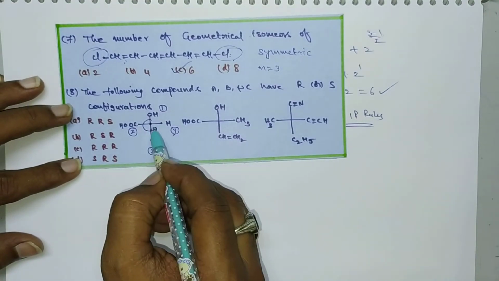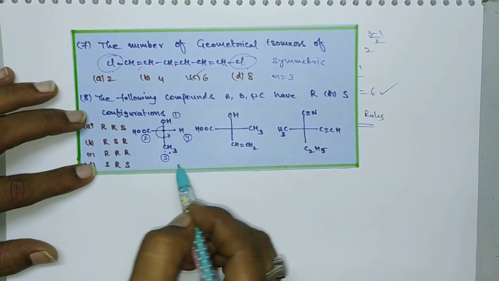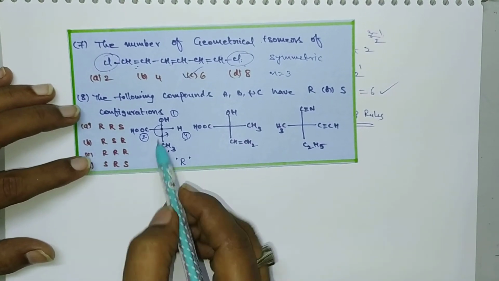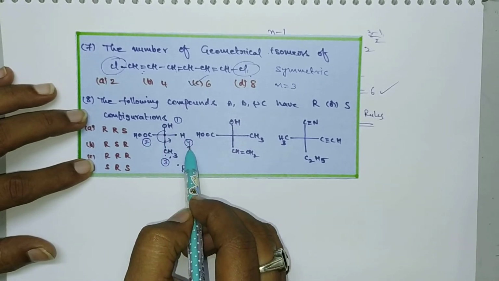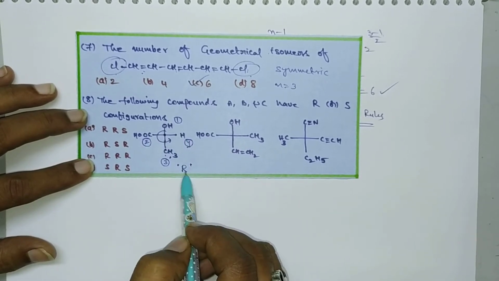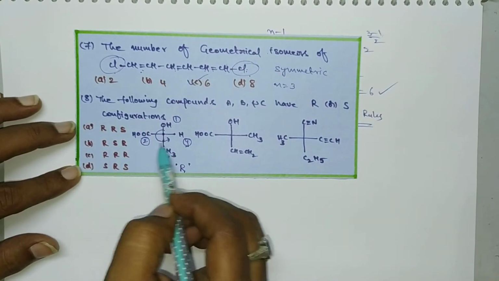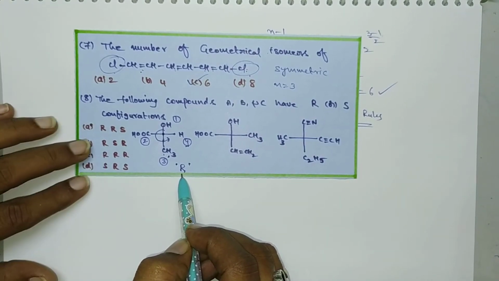So here the order of priority is in anti-clockwise direction, so it should be S, but it is R, because of a small trick I have given: if the lowest preferred element is present at the horizontal position, the configuration will be inverted. Here it is in anti-clockwise direction, that's why it should be inverted, that is R.